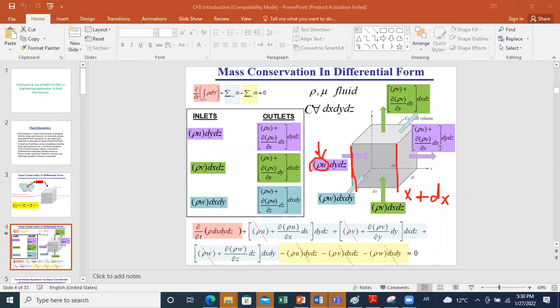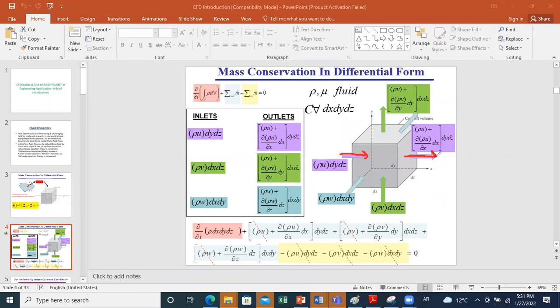And then I multiply this result, which is the value of rho u at position x plus dx, by the elementary area, which is dy dz. In this way, I have obtained an expression for the mass flow rate crossing the YZ face, in and out.